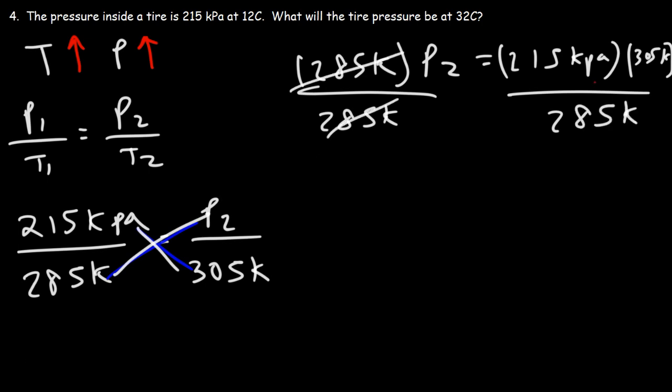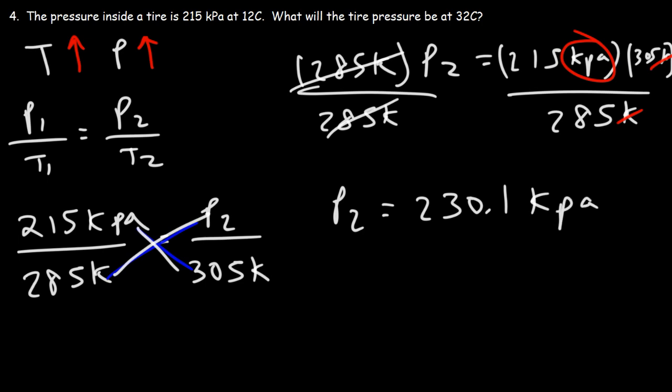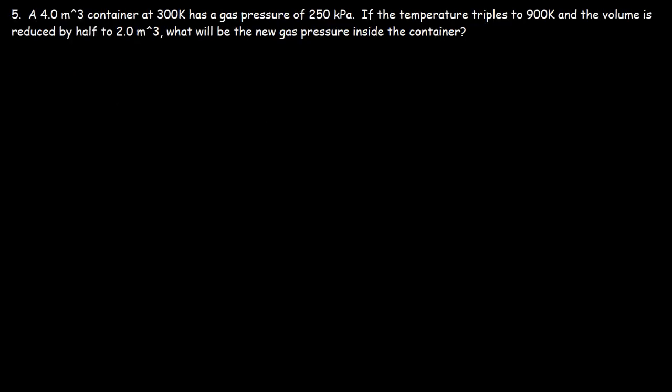So as we can see, the units Kelvin will cancel, giving us the answer in kilopascals. So it's going to be 215 times 305 divided by 285. So the new pressure, P2, is 230.1 kilopascals. And so that's it for this problem.